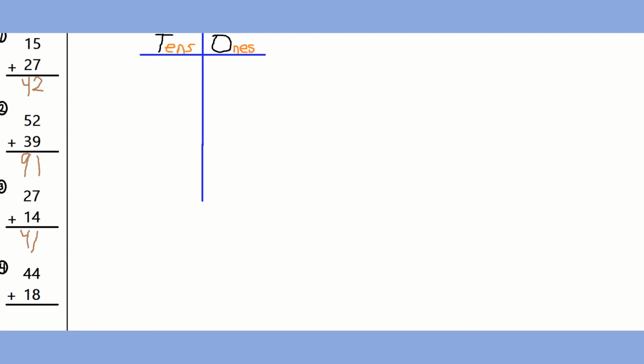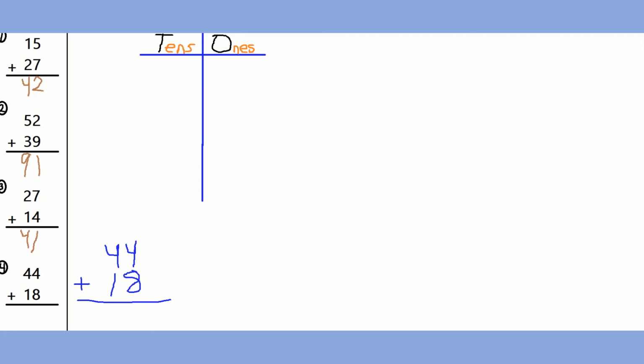Once you have your paper, I want you to write your problem. 44 plus 18. Write it just like that. 44 and then 18 right under it with your plus sign. Right above each other.